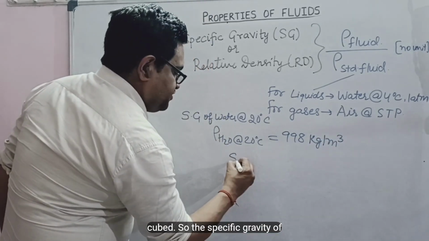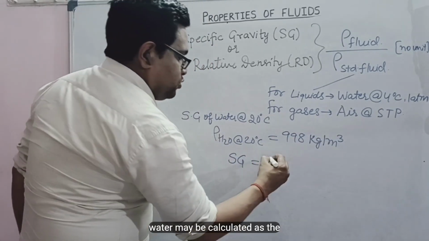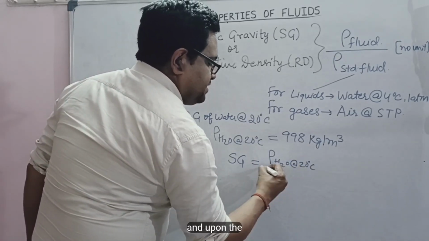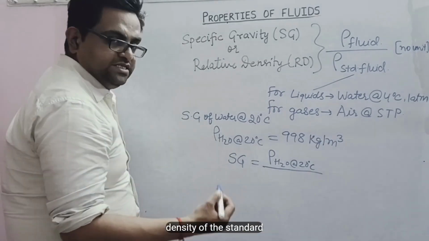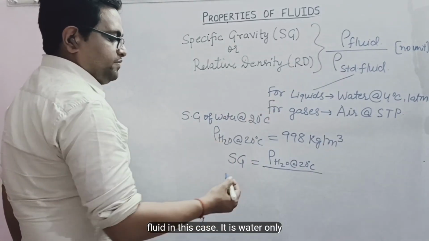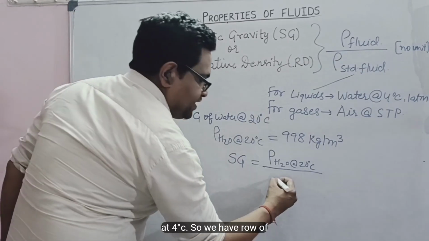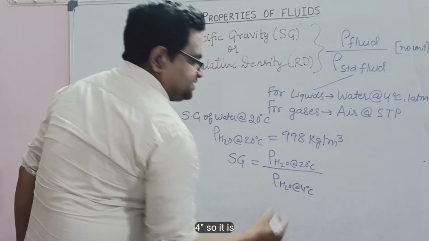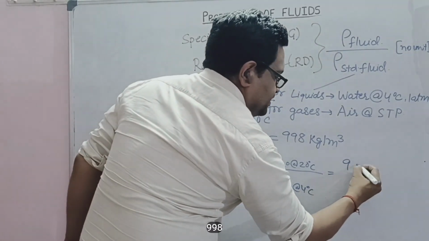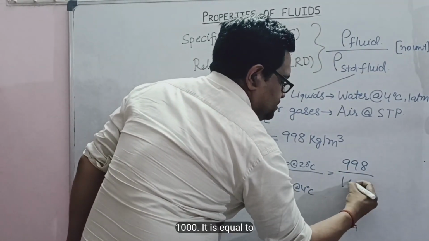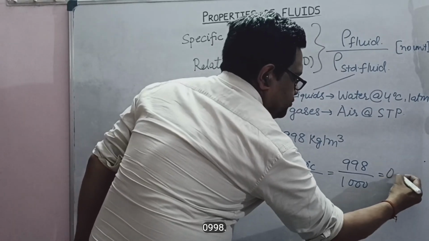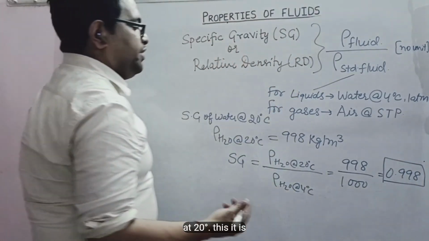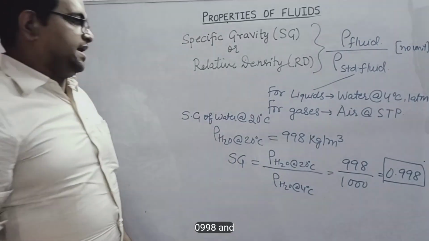So the specific gravity of water may be calculated as the rho of water at 20 degrees Celsius upon the density of the standard fluid. In this case, it is water only at 4 degrees Celsius. So we have rho of H2O at 4 degrees Celsius. So it is equal to 998 upon 1000, which is 0.998. So the specific gravity of water at 20 degrees Celsius is 0.998.